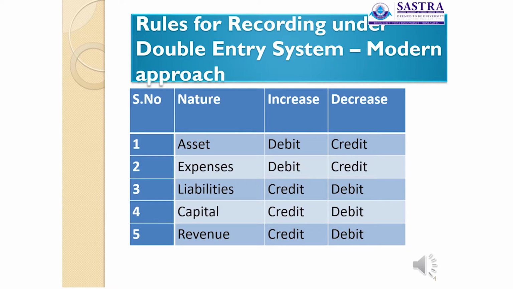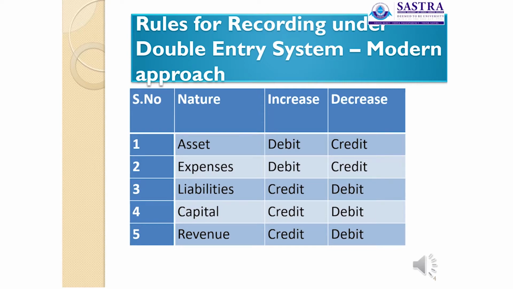So simply, if assets increase, it shows a debit balance. If assets decrease, it shows a credit balance. Expenses: owner's equity is decreased by the amount of revenue expenses. Liabilities: when liabilities increase, outsiders' accounts are credited. When liabilities decrease, their accounts are debited.